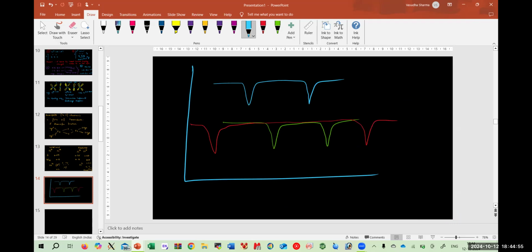This is 1:1. This one is your iron 2 and this one is your iron 3. Iron 2 is having more EFG, that's why it is drawn to that side. They are existing the same in this one.